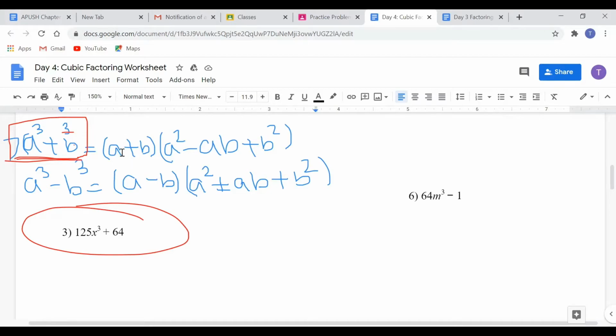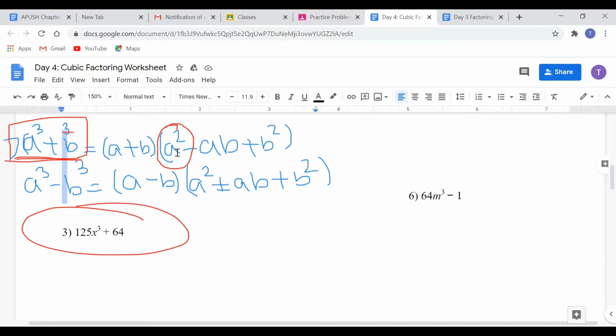Look at this part, this a squared right here. That whole a, whatever your a is, you're supposed to raise that whole a to the 2nd power. Do not just raise the number or the exponent. You have to raise that whole thing.